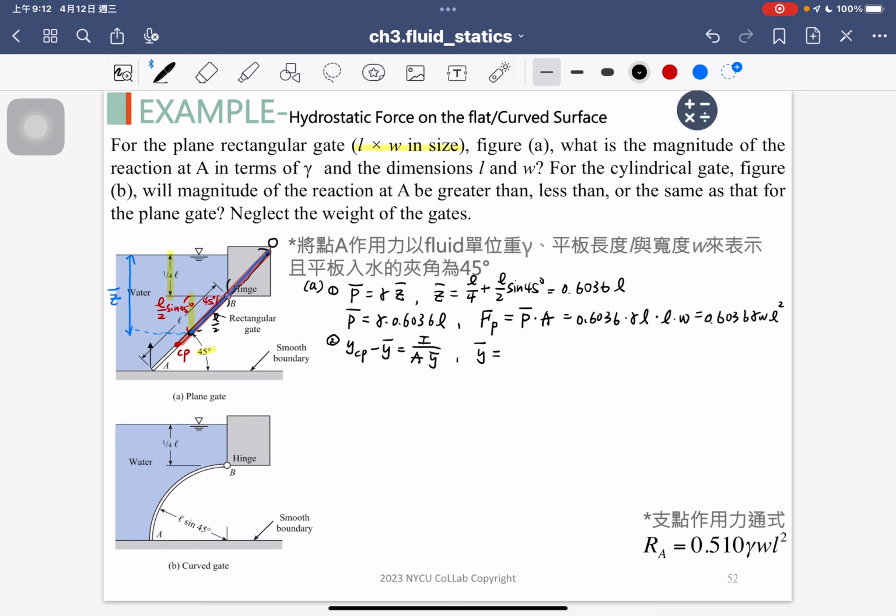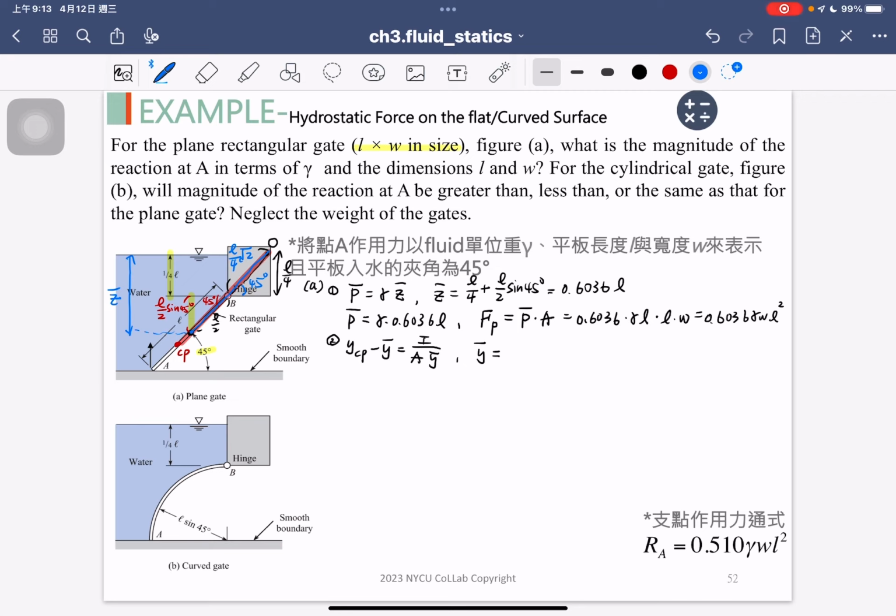We only know the Y length in here is 4 over L, right? So the length in here is 4 over L root of 2, because the angle in here is 45 degrees also. So the inclined length is equal to 4 over L multiplied by the root of 2.